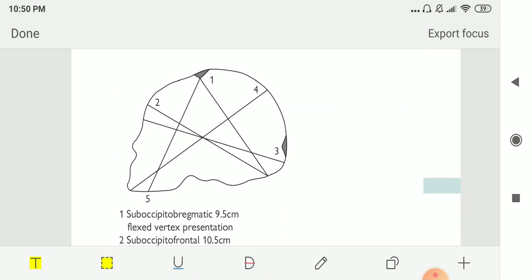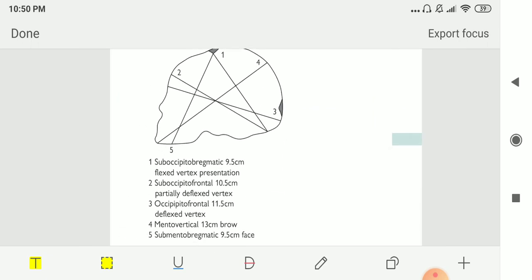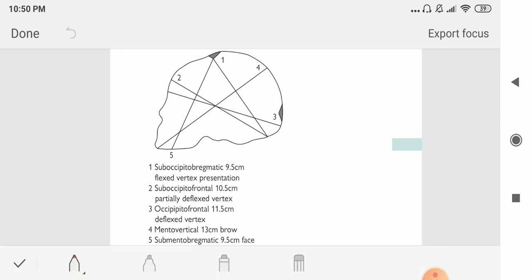So here I have the planes and some diameters. The area near the occipital is the occiput, the area between the anterior and posterior fontanelles is the vertex, and the bregma is the area close to the anterior fontanelle.